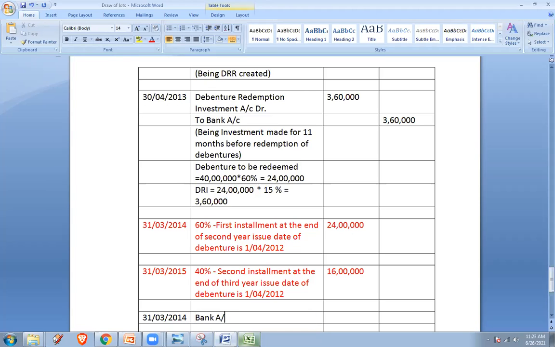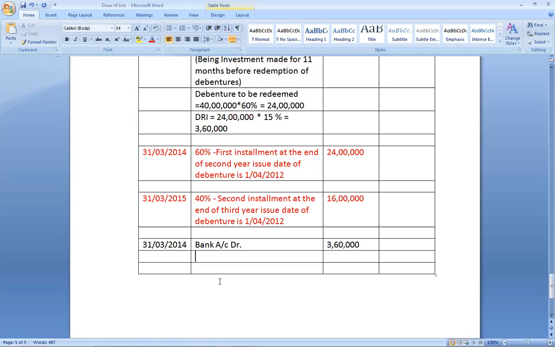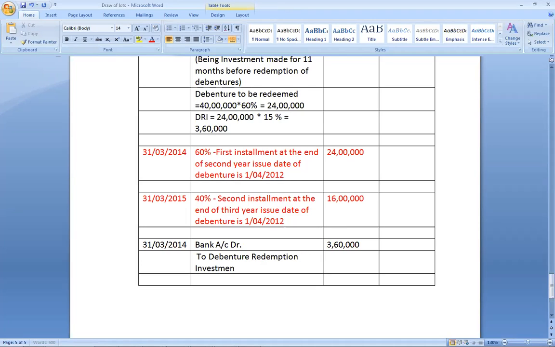We are selling the investment, so bank account debit ₹3,60,000 to debenture redemption investment account.